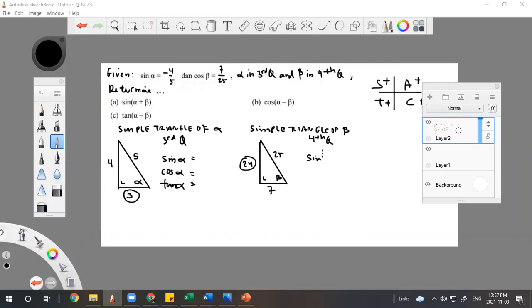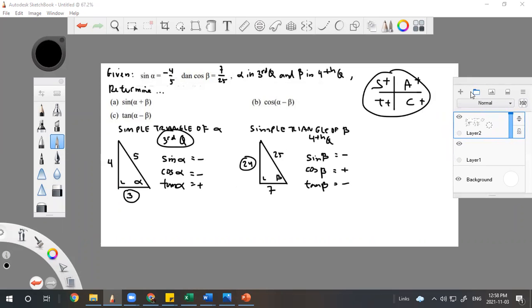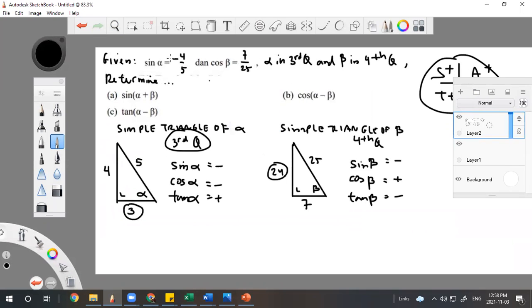Okay, now sine. On the simple triangle 2, we get sine B, cos B, and tan B. So we focus on the quadrant now. On the third quadrant, tan is positive, the rest will be negative. And on the fourth quadrant, cos is positive, the rest will be negative, right? Remember this rule, quadrant rule. Okay, so sine is opposite over hypotenuse, already given.